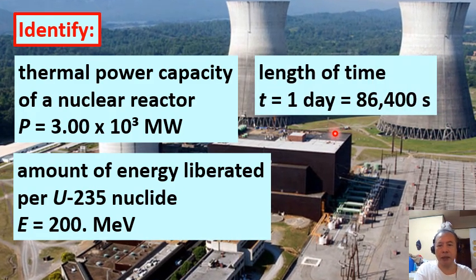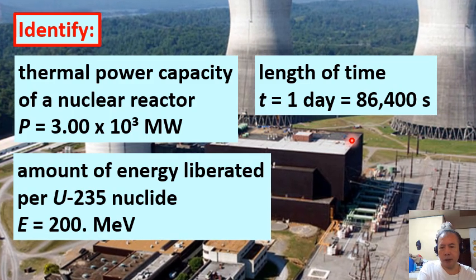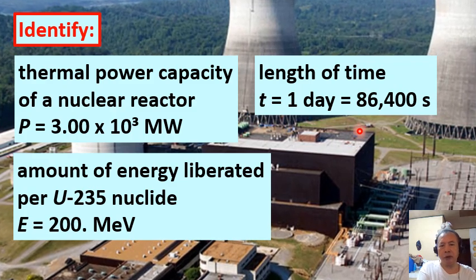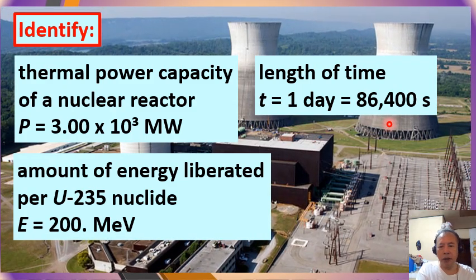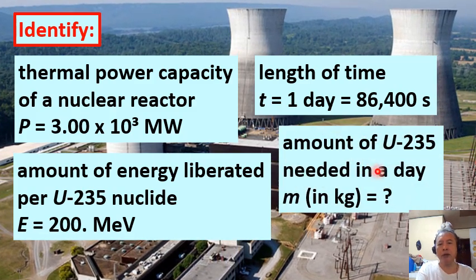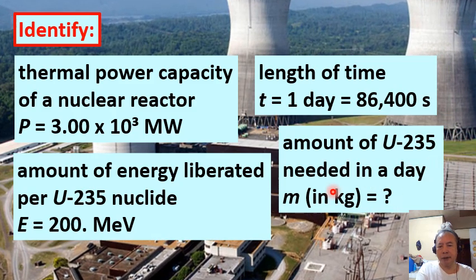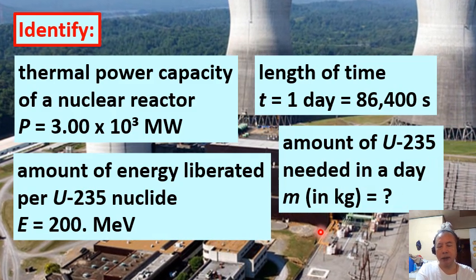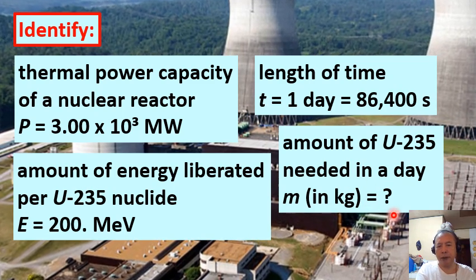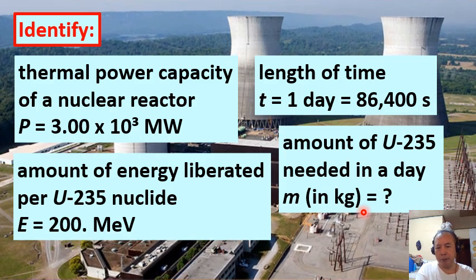And also, the length of time of operating the reactor is 1 day, which is equivalent to 86,400 seconds. And our target variable is the amount of the uranium-235 fuel that is required in a 1 day operation. In other words, we're looking for the mass in kilogram of the uranium-235 fuel.